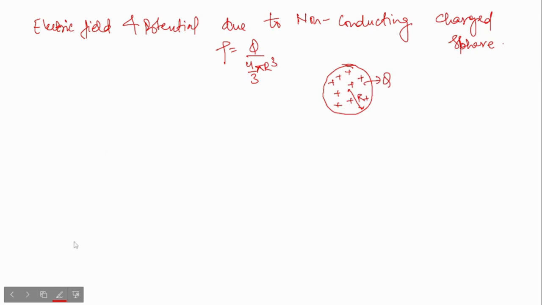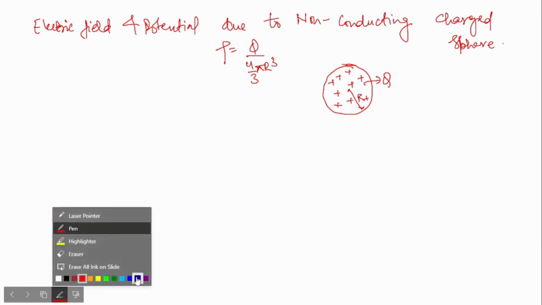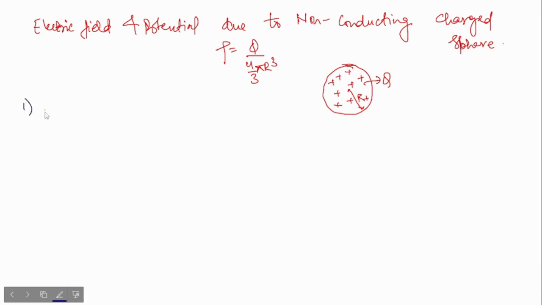So, the first one, we'll find when small r is greater than capital R, that is outside. Let's say this is the point; then we'll draw a sphere of radius small r outside, and we'll find the flux.